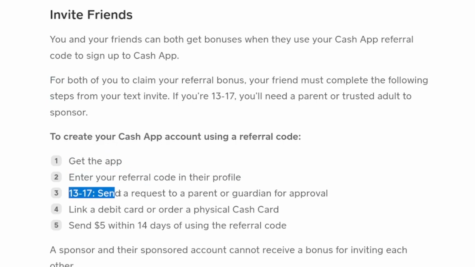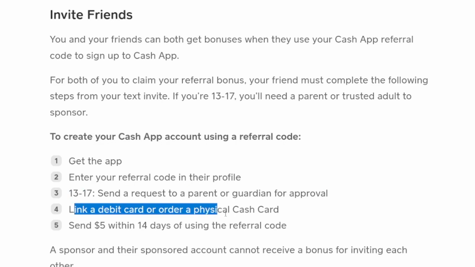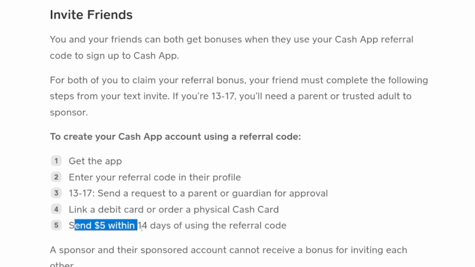This is for people who are less than 18 years of age. You can link a debit card or order a physical cash card from Cash App, and you must send $5 within 14 days of using the referral code. And you both get $5 eventually, and that's just some free money.